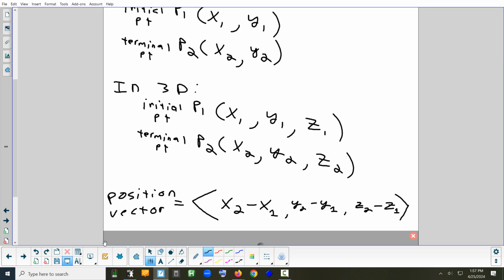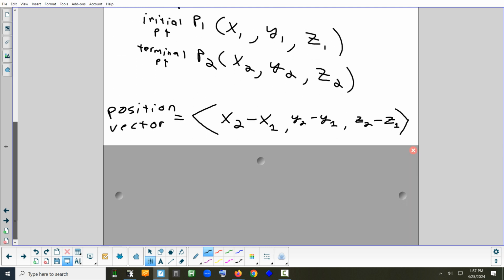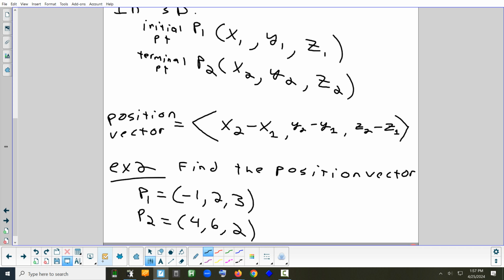So let's try finding a position vector between two 3D points. So there's your 2 points. Negative 1, 2, 3. And 4, 6, 2.